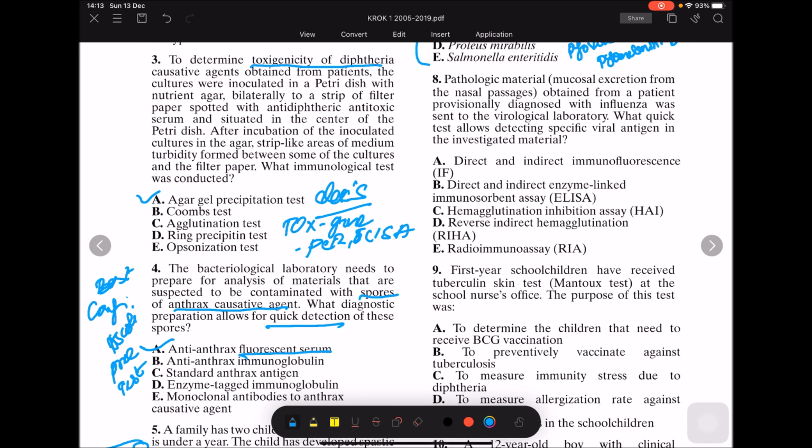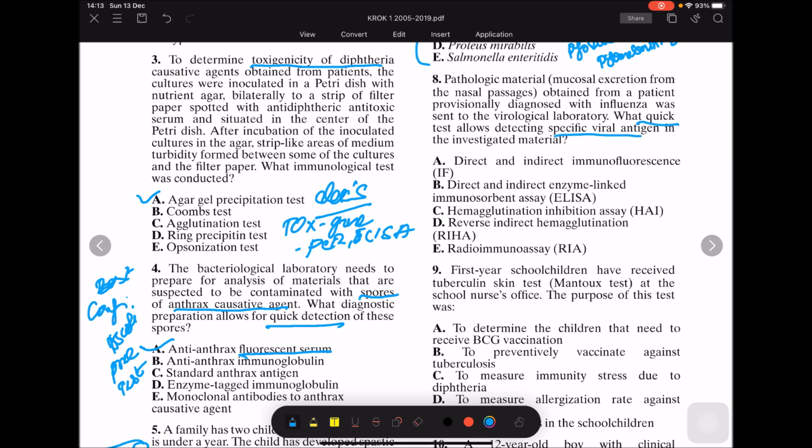So the next question: a pathological material, mucosal excretion from the nasal passages obtained from a patient preliminarily diagnosed with influenza, was sent to the virological laboratory. Same like COVID-19, a nasopharyngeal swab. What is the quick detection method for a specific viral antigen?